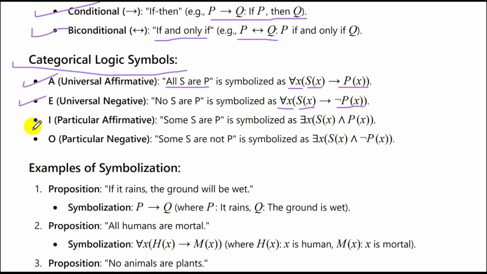No S are P. I, particular affirmative. Some S are P is symbolized as there exists an X such that X is S and X is P, that is, they are both connected. O, particular negative. Some S are not P. It is symbolized as.